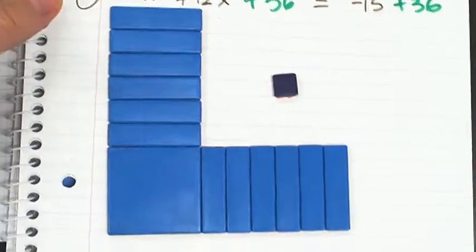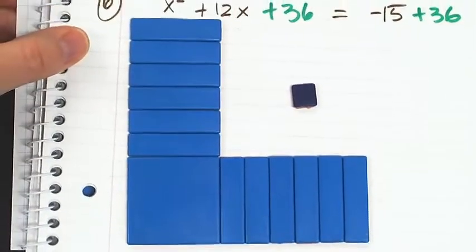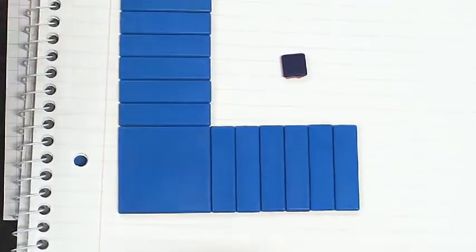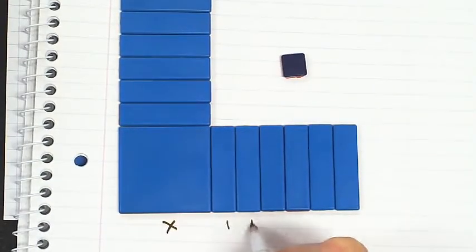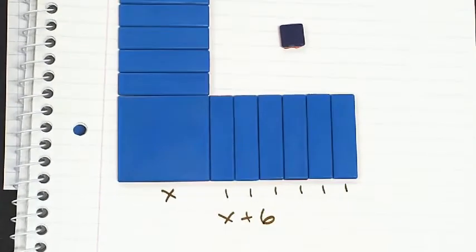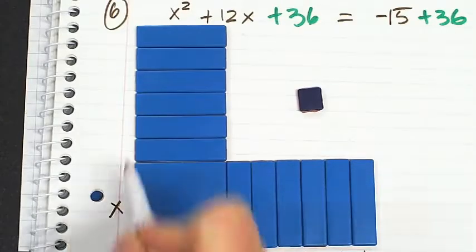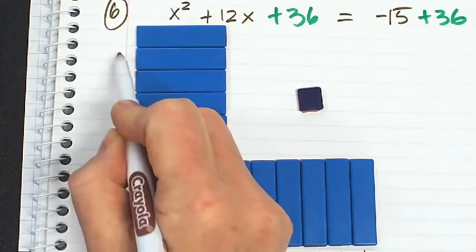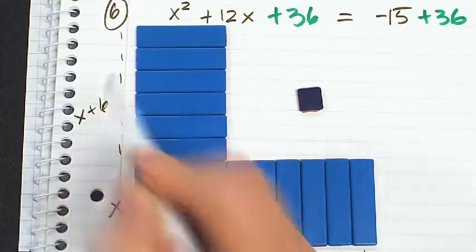So if I look at the length and the width of this square, the length is x plus 6. The width is x plus 6.